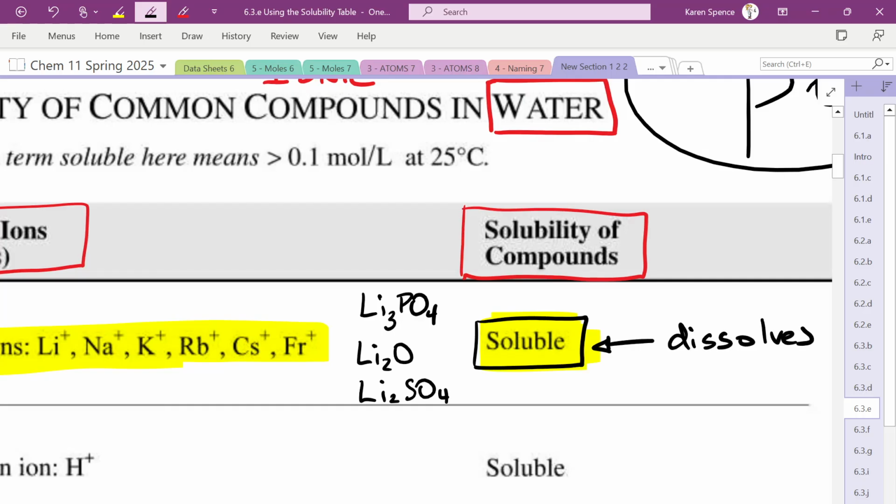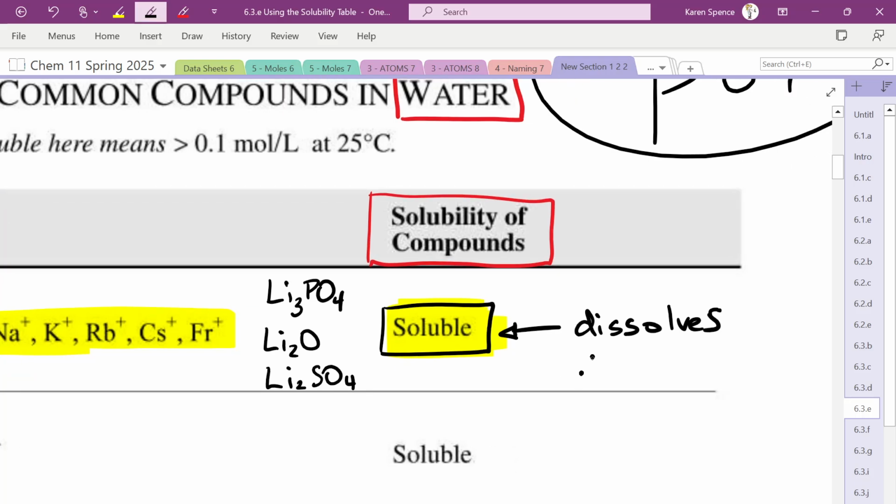And that means that if we are dealing with a reaction that is taking place in water, which all of our double replacements will be, these salts will all be what state? If they are dissolved in water, they are aqueous.